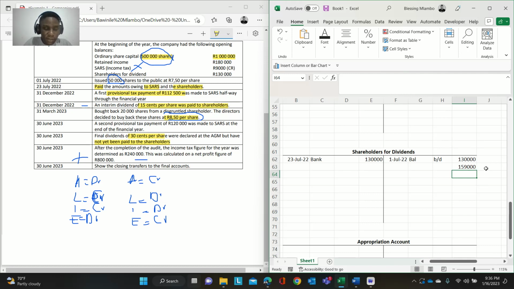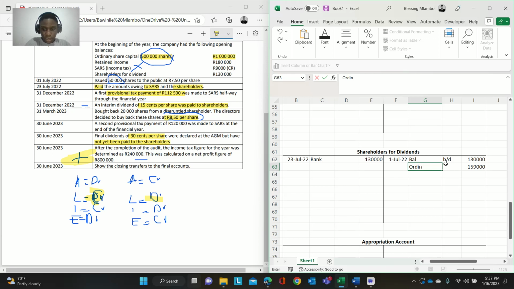And when this dividend was declared, it wasn't paid on the same day. Therefore, the shareholders for dividends, which is a liability account, increases because we now owe shareholders money, and a liability increases on the credit side. The account we're going to debit, remember, is ordinary share dividends.